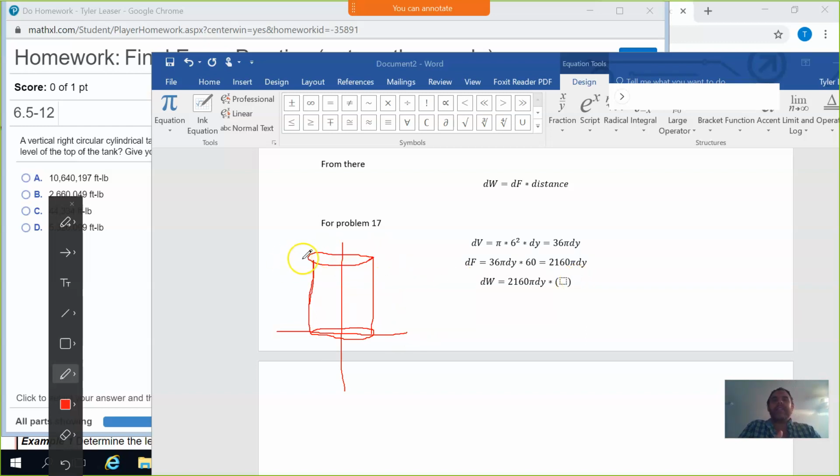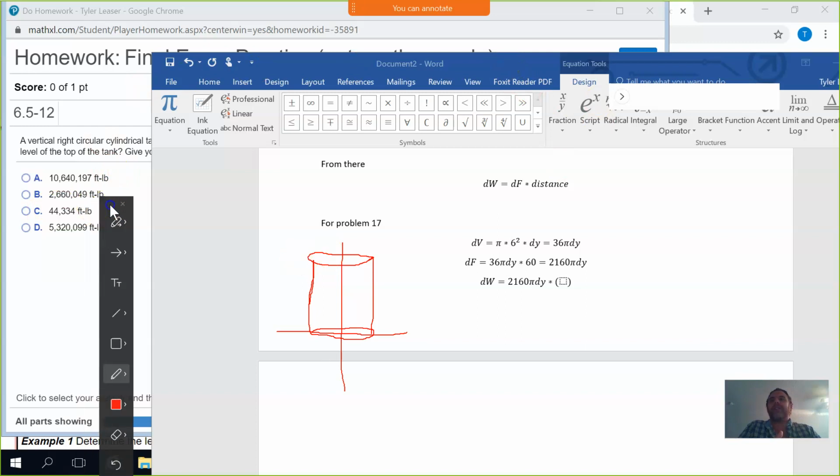If the height of the container was, oh, what was it? No, I can't move it. How do I move stuff?